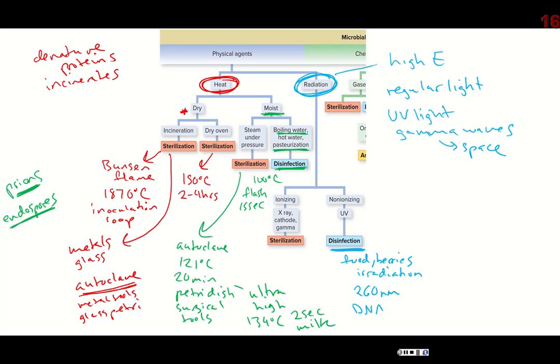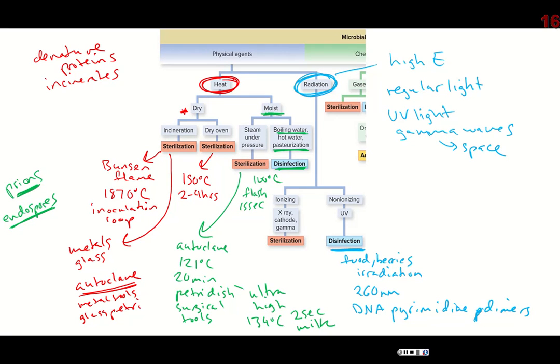So DNA should have very specific kind of bonding rules, and what happens with UV light is it causes these special types of bonds called, let me see if I can spell it right here. So pyrimidine dimers. Here we go.